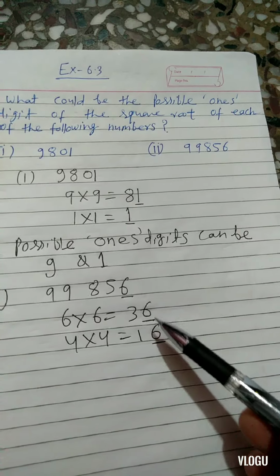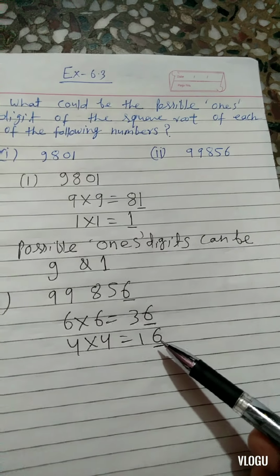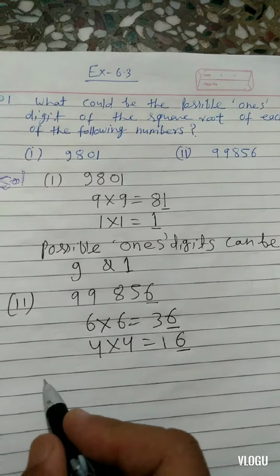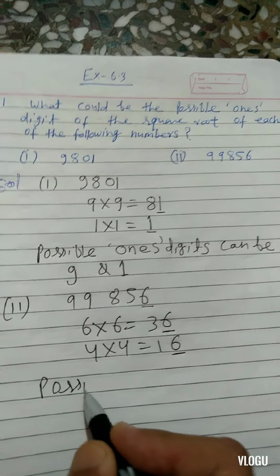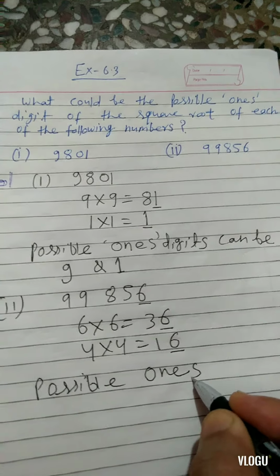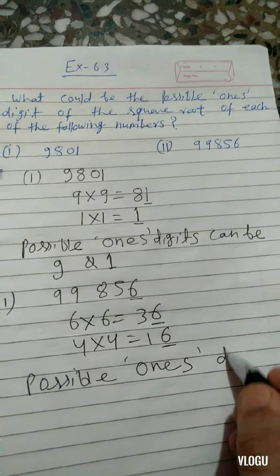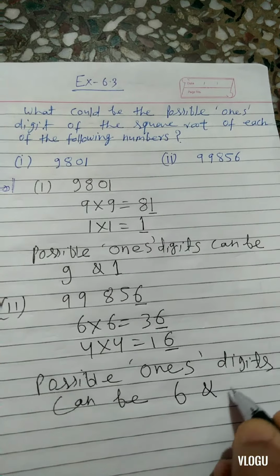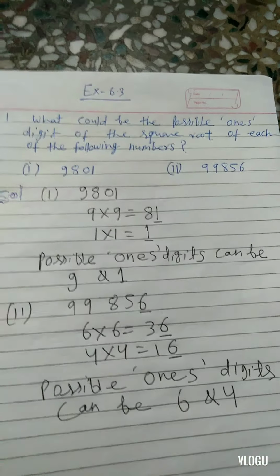In these two products, only 6 is the ones place digit. So the possible ones digits can be 6 and 4.